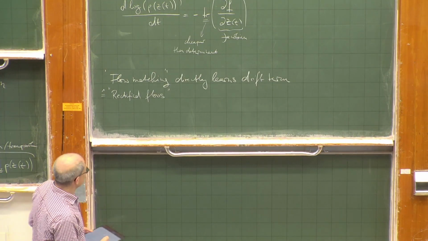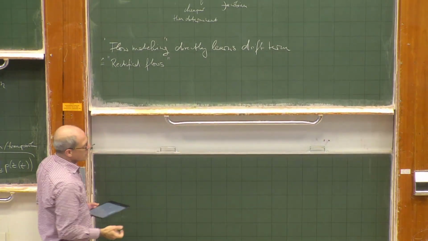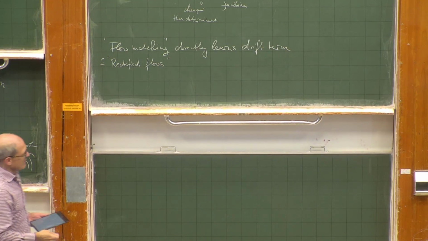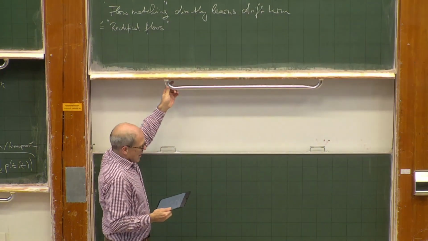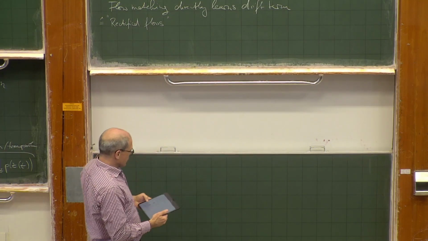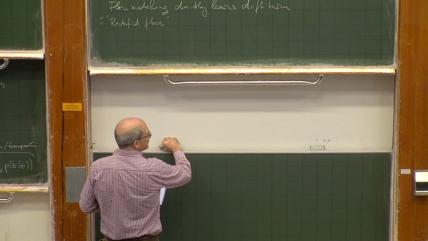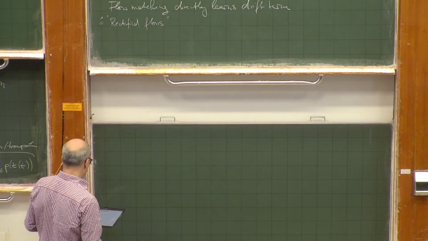And now the question is, which flow should we use? And you remember the many pictures I drew at the beginning of today. We showed many legit flows, but which one should one use? And there are many good things to say about the simplest possible flows, which are the optimal transport-based ones.